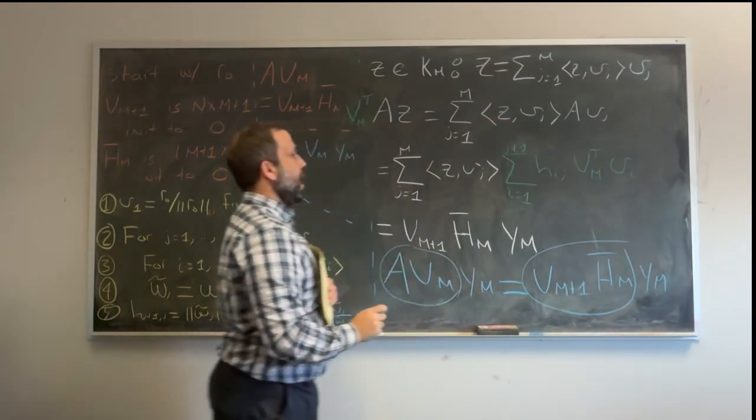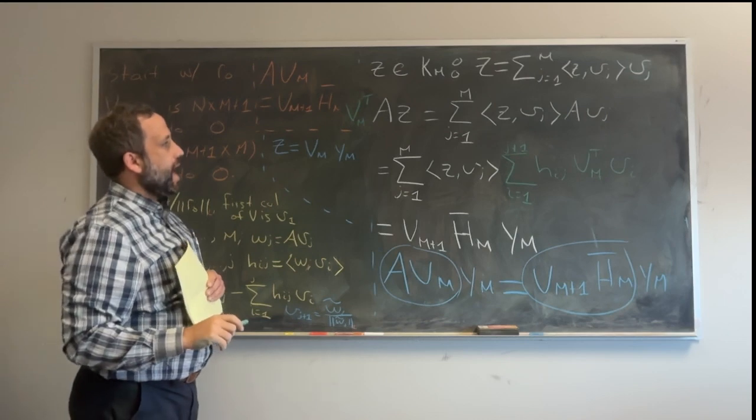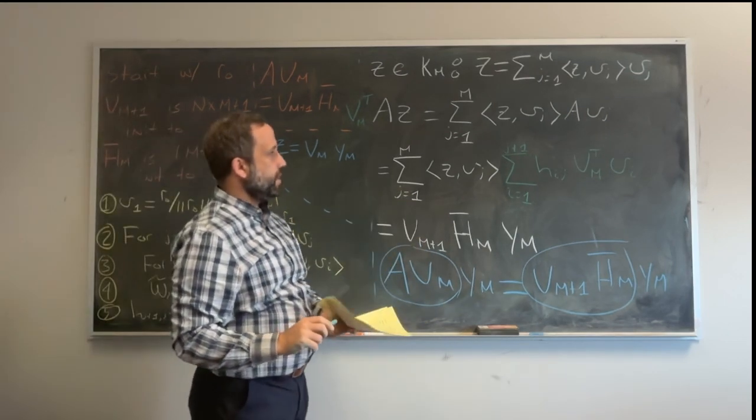If we multiply this by vm transpose, then what's going to happen is that the last entry is going to be equal to 0.